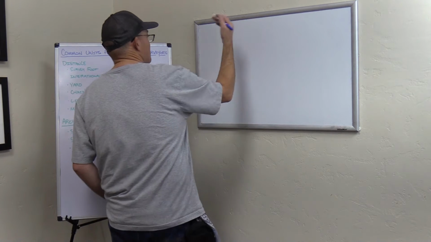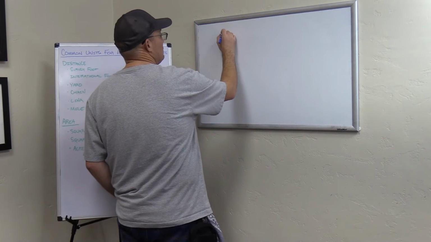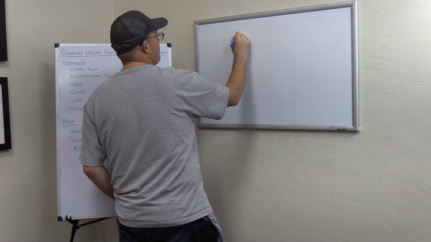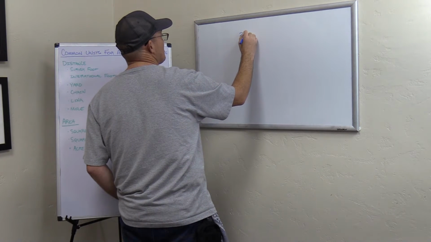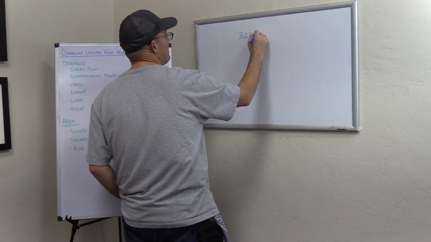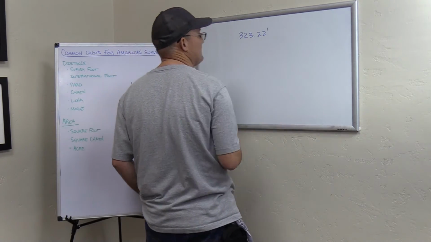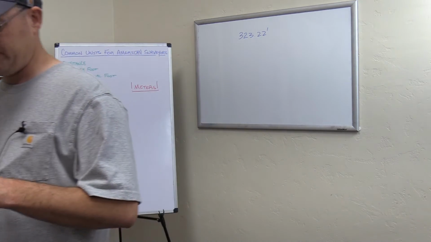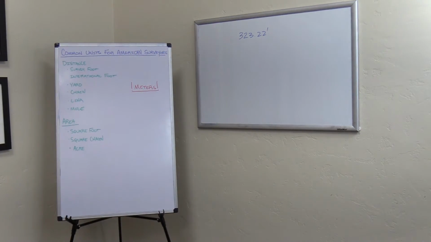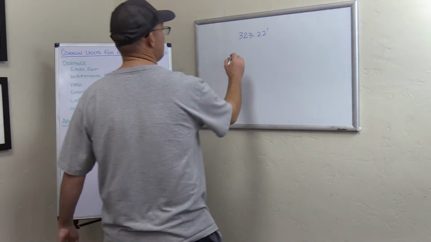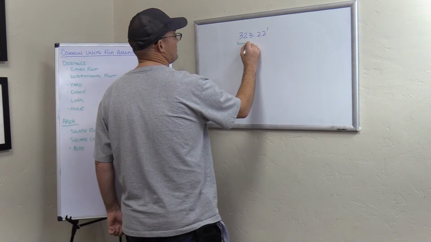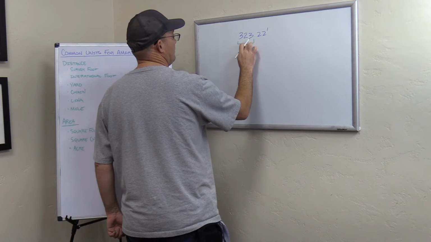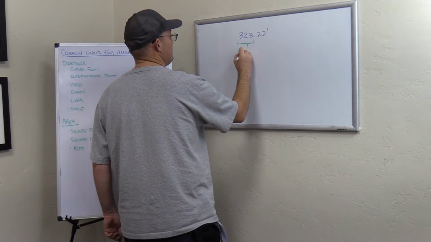Surveyors would express a value. Let's say we've measured a line between 2 points, A and B, and it's 323.22 survey feet. This part on the left side of the decimal is the number of whole feet.